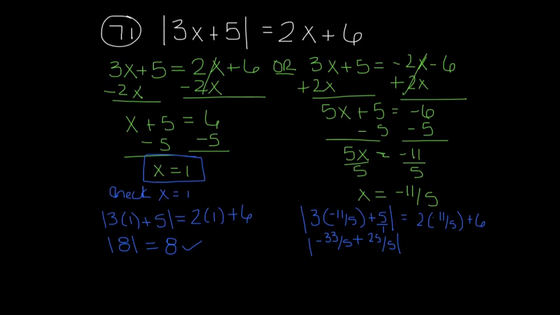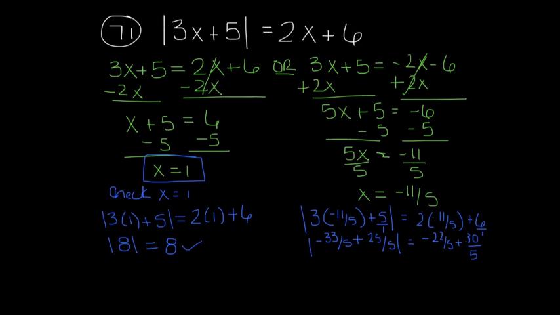Don't get thrown off by the fractions. Equals 2 times negative 11/5 is negative 22/5. Again, 6 is 6 over 1, so if I rewrite that as a fraction with a denominator of 5, I will get 30 over 5.